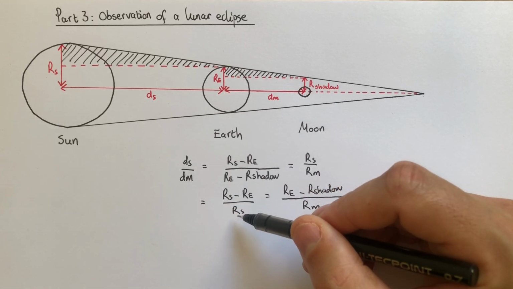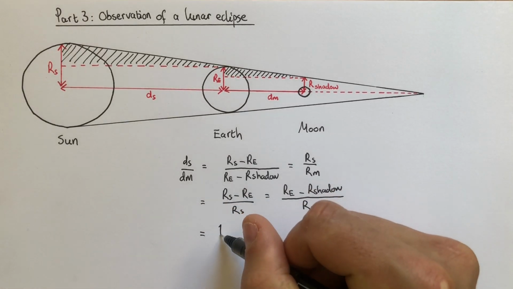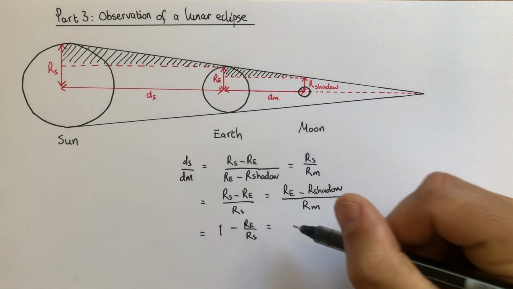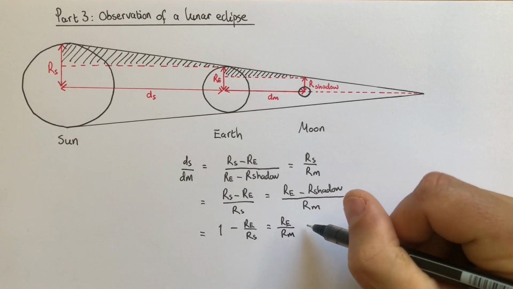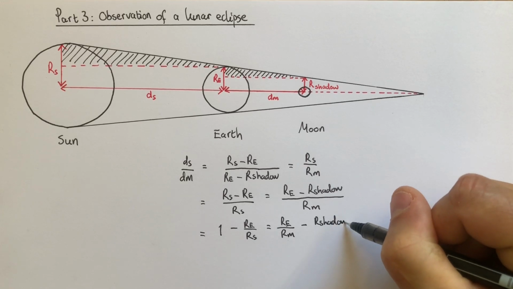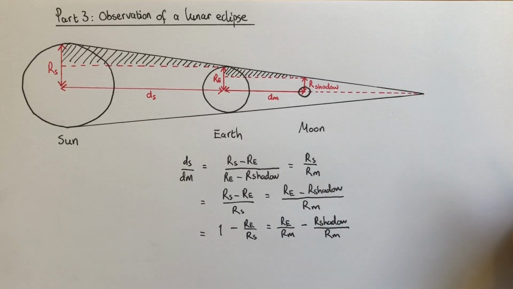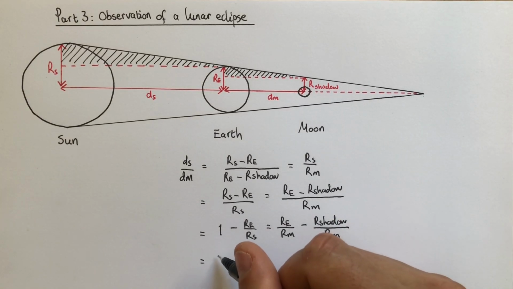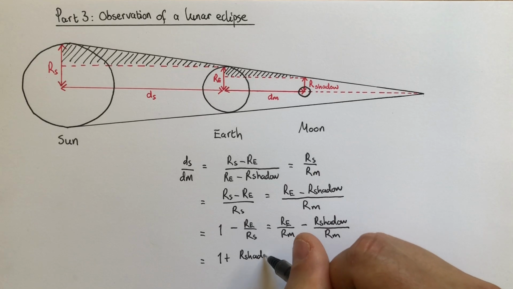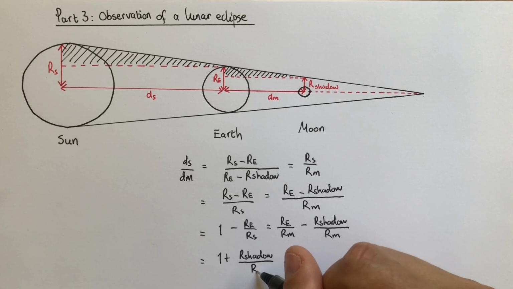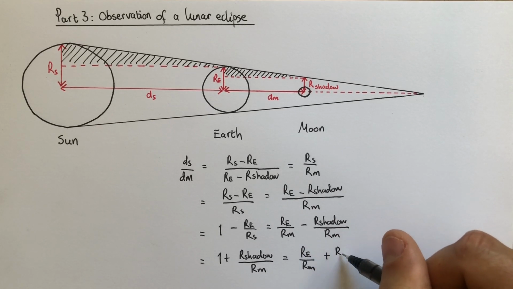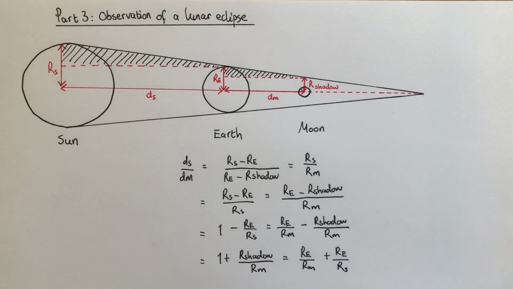For example, rs divided by rs is going to be 1, so this is going to be equal to 1 minus re over rs equals re divided by rm minus r shadow divided by rm. And then finally I'm going to just write this in a slightly different form by moving this term over to the left hand side and this term over to the right hand side, and that gives us 1 plus r shadow divided by rm is equal to re divided by rm plus re divided by rs.